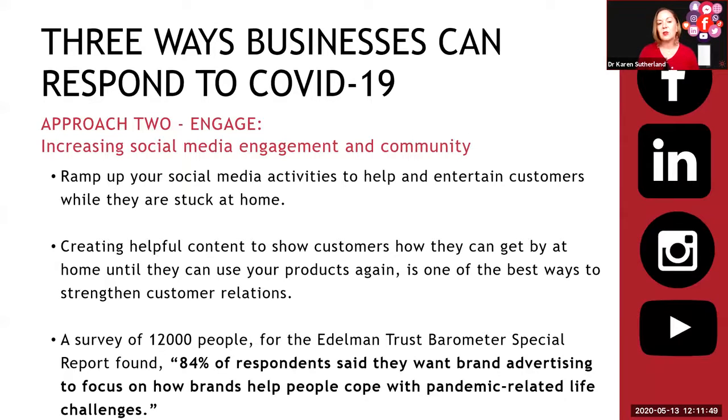They surveyed 12,000 people, so it was a decent sized sample by research standards. But they found that 84% of respondents, as you see there, want brand advertising to focus on how the products can help. So they don't want just "buy me."